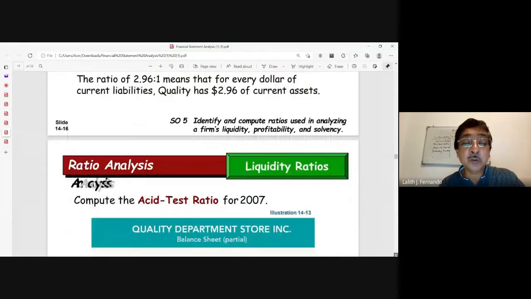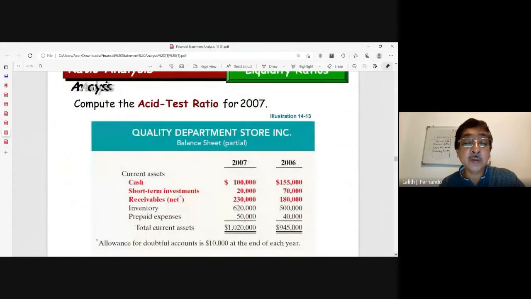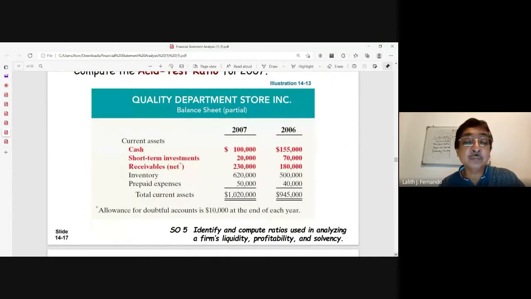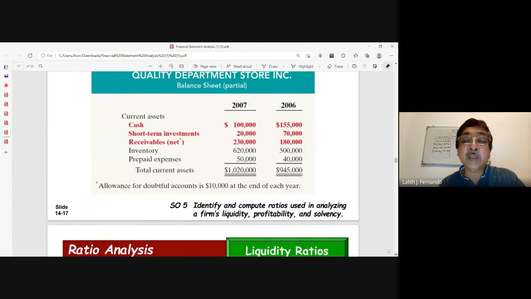Then you need to go to the other one. Only cash and receivables can be taken. You cannot take inventory. You cannot take other types of assets. If you take these items, then you can calculate the quick asset ratio or acid test ratio.